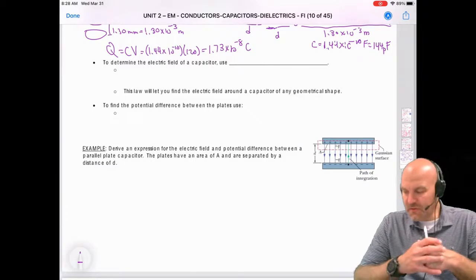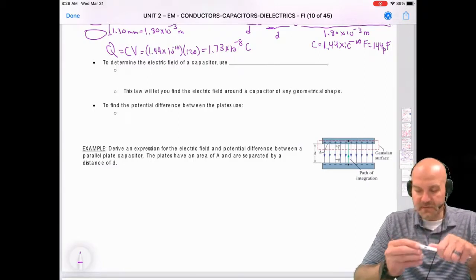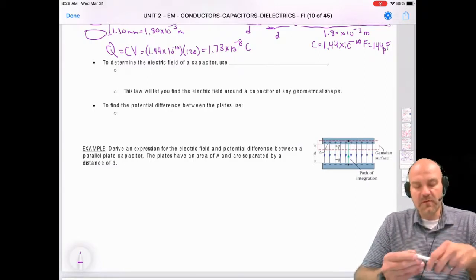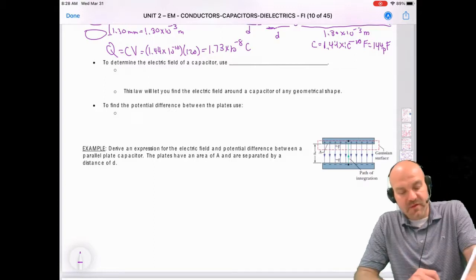To determine the electric field of a capacitor, we are going to use our good old friend Gauss's law.